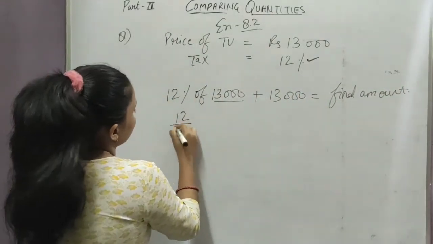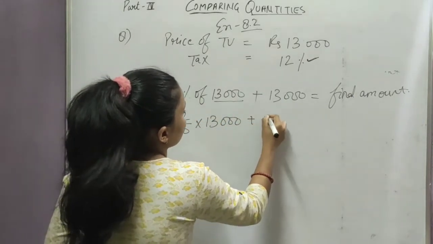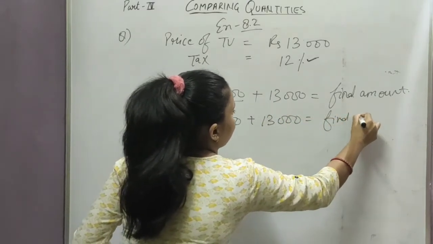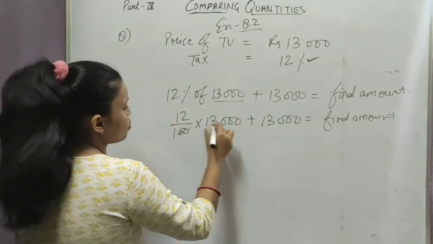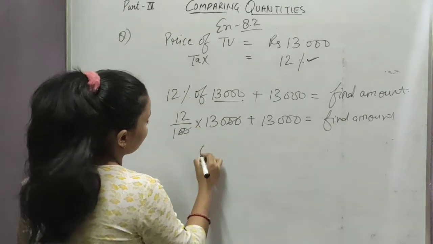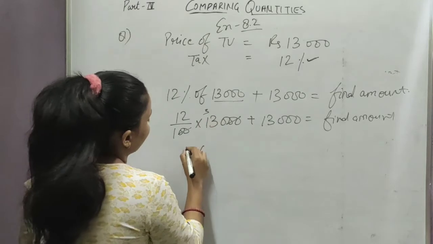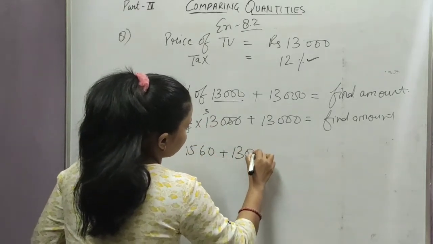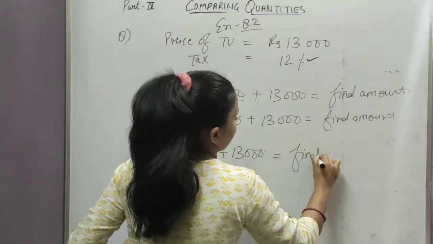Okay, 12 divided by 100 multiplied by 13,000 plus 13,000 is equal to the final amount. Two zeros will cancel out with this. Now multiply: 12 threes are 36, 12 ones are 12, that gives 1560, plus 13,000 is equal to the final amount.